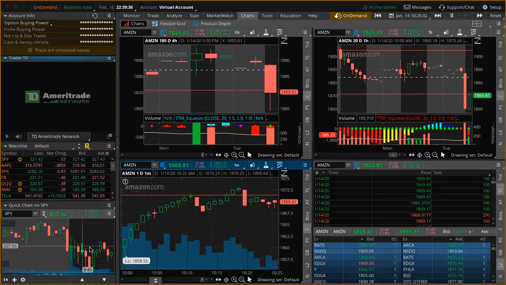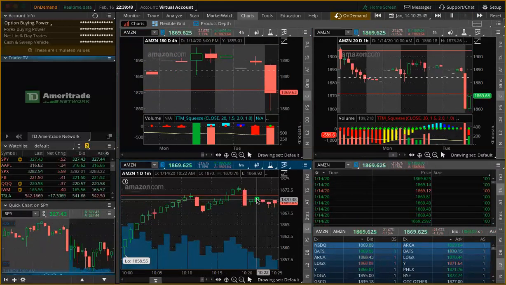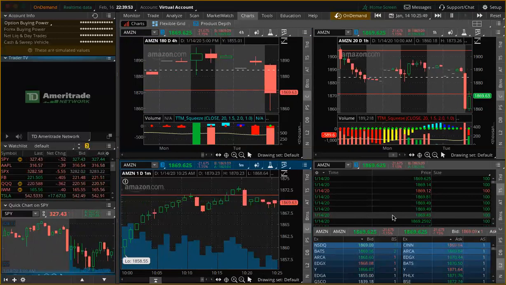Let's check out what SPY is doing right now. SPY is bull flagging, which is typically bullish. What's going on with the tape? So I don't see too many sellers here. You have all ones, right?